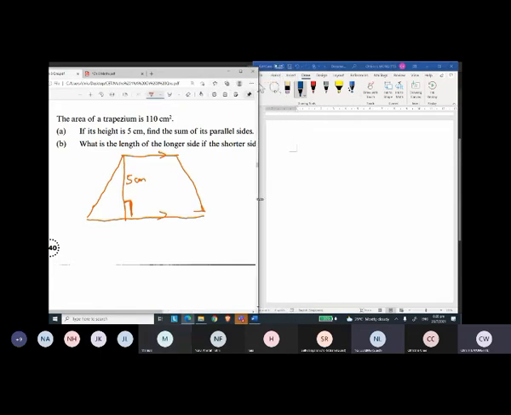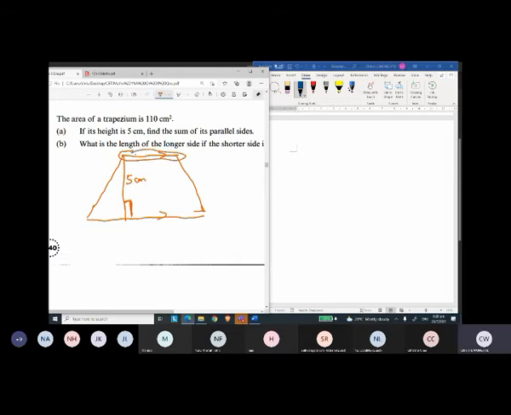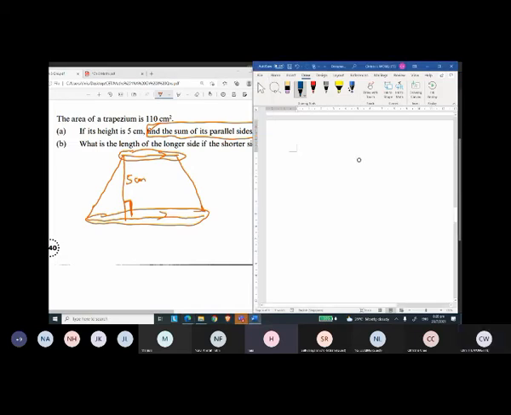Now you're supposed to find the total length of this one plus this one. That's the question. Find the sum of the parallel sides. The sum of the parallel sides is actually the top plus the bottom, isn't it? Am I right? I think 44. Okay, 44 first, on top.